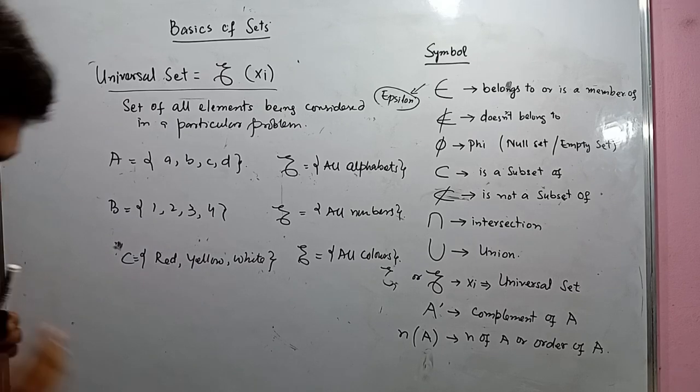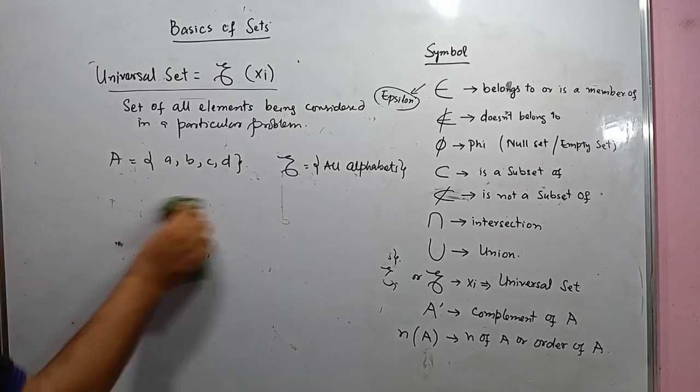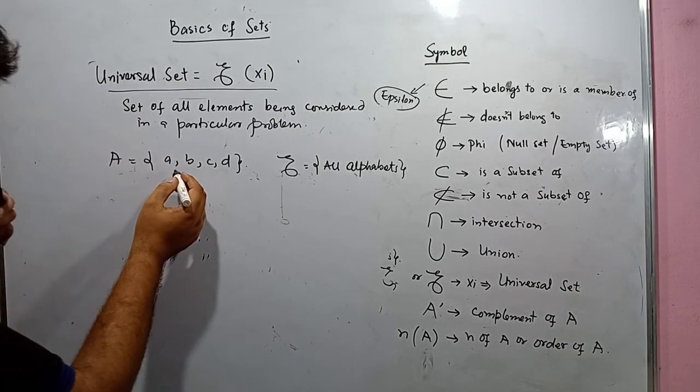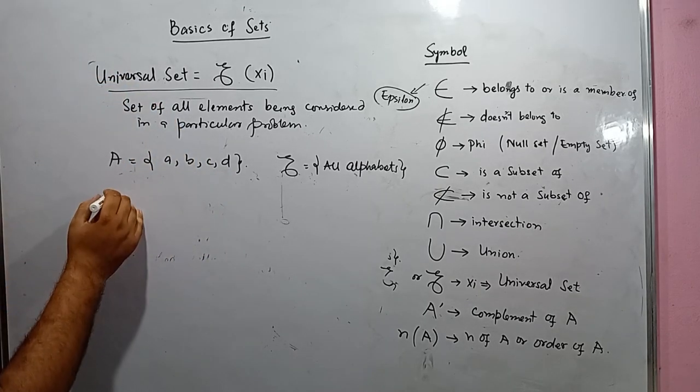Now coming to the next point, that is the complement. What is the complement? You can see here in set A there are four elements, A, B, C, D. What is the complement of A?